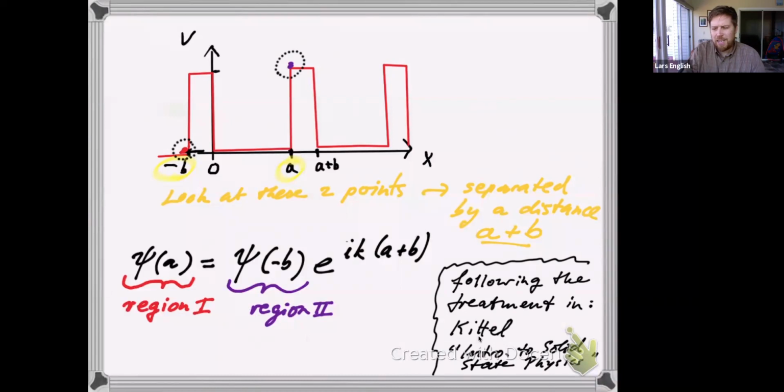I find Kittel's developments are slightly easier, but I could go either way. I just wanted to show you another way of getting to the final equations. In both treatments, of course, Bloch theorem will be central, so you can't get away from Bloch theorem. So that's what we're going to do. Here's region 1, and here's region 2.